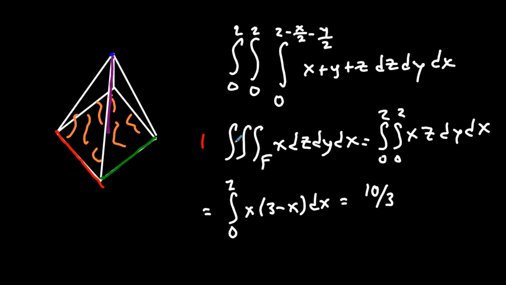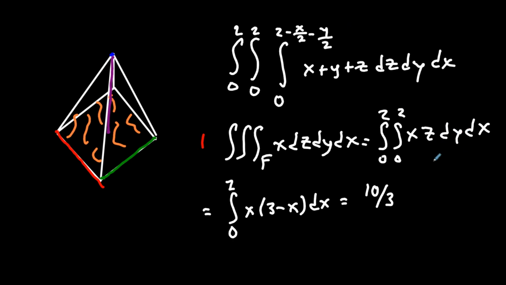So we just have the integral over our furnace of just x, which if we put, obviously we put z in there. I haven't written it out explicitly, but this is that 2 minus x over 2 minus y over 2. And so now we just have two integrals now from 0 to 2 and 0 to 2 of x, z, dy, dx.